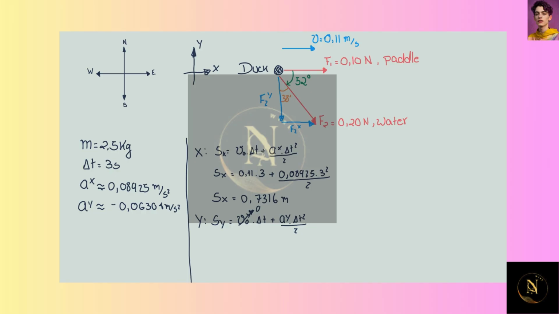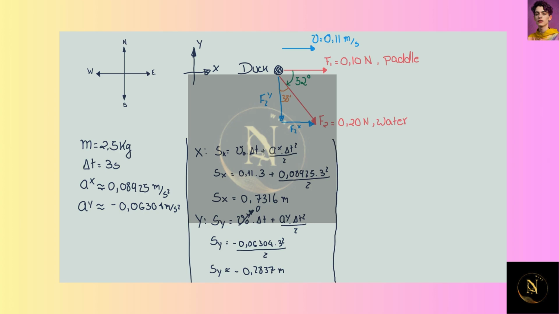Then its y displacement is given by minus 0.06304 times 3 squared divided by 2. And this results in a displacement of approximately minus 0.2837 meters in the y direction.